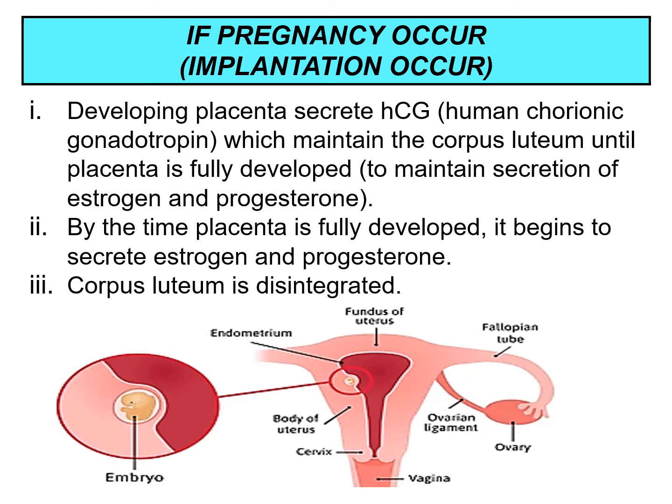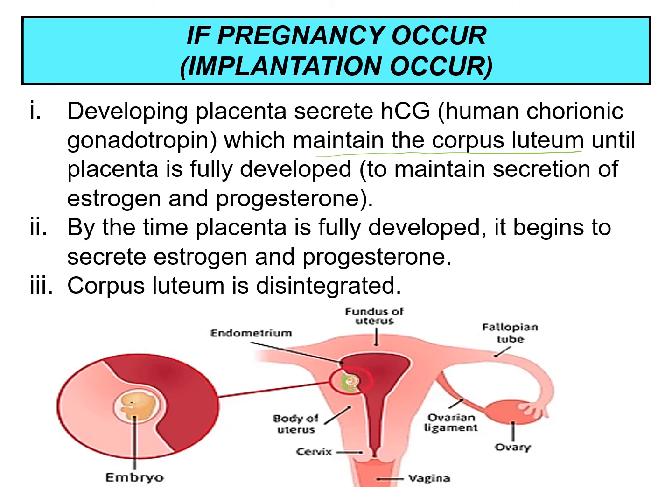Okay, so once implantation occurs, the developing placenta will secrete HCG. The full name is human chorionic gonadotropin. This HCG will maintain the corpus luteum.